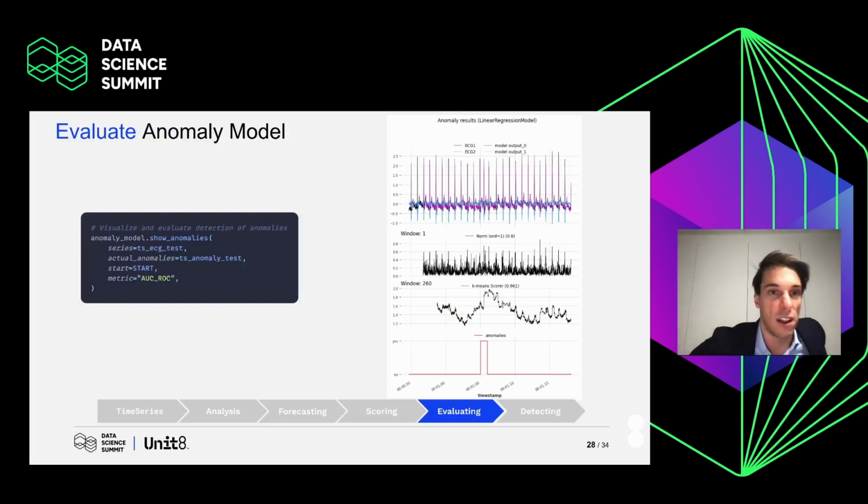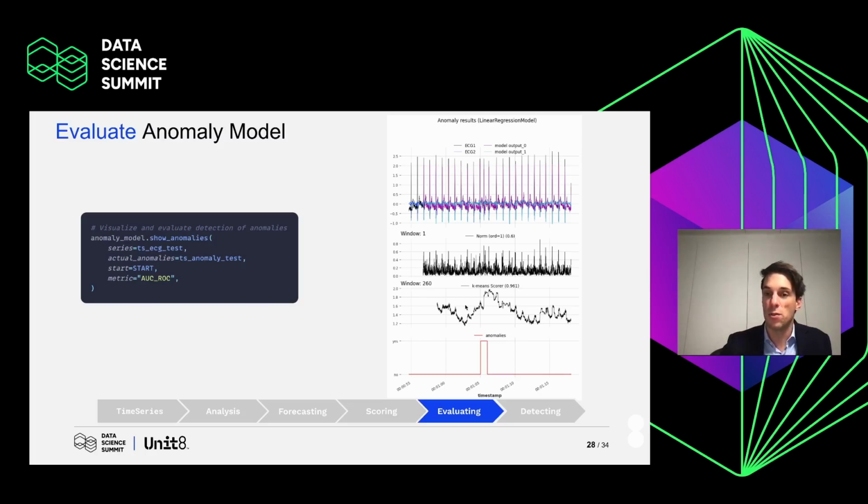Evaluating how well our anomaly model works is very simple, and we can even generate this plot on the right hand side right away by calling the show anomalies method with the test dataset and actual anomalies, as well as assigning a certain metric which should be evaluated as part of this method. On the right hand side we see the actual and forecasted signals, followed by the norm scorer, where the score values are quite pronounced around the peaks where the forecasting model fails to accurately predict the ECG signal values.